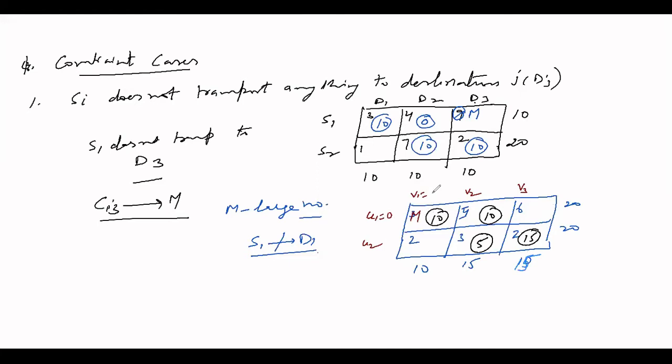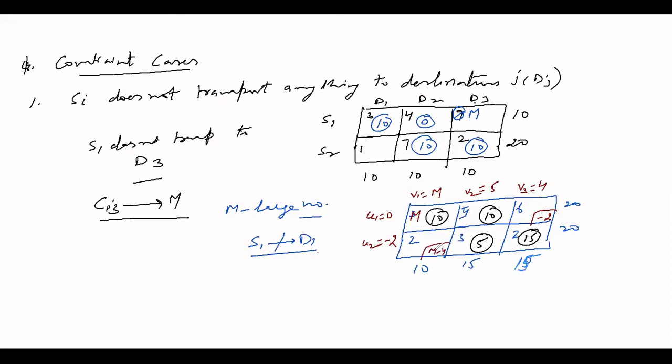So v1 is capital M, v2 is 5, u2 is -2, and v3 is 4. These are my ui's and vj's. So my zij minus cij's for the non-basic cells: this is 0 plus 4 minus 6, which is -2, and this is M minus 2 minus 2, which is M minus 4.